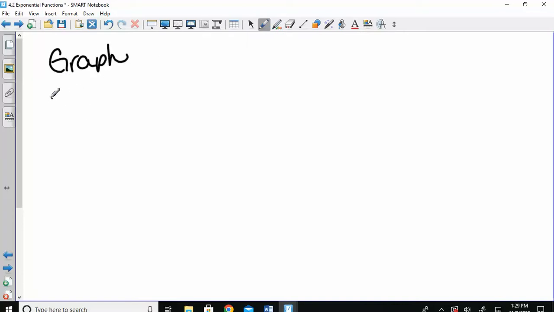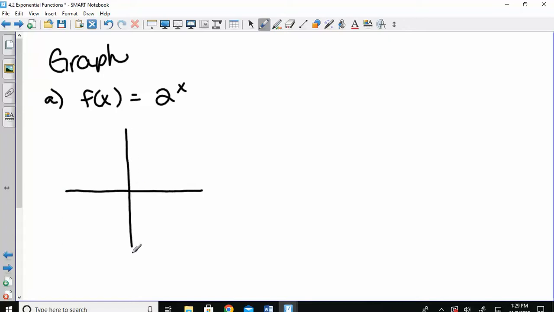All right, so let's graph 2 to the x power. If we put in -1, what does a negative exponent do?